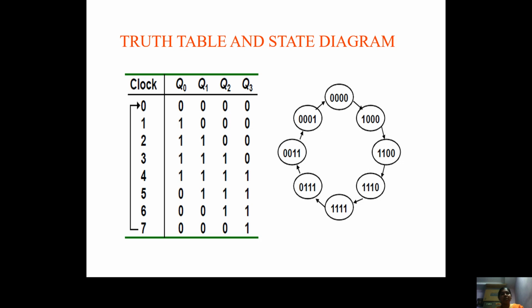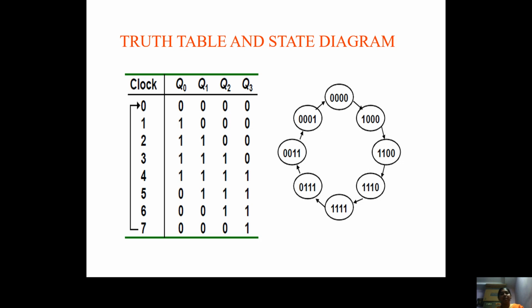During the next clock pulse also, since Q0 is at high logic, Q1 will become 1, whereas since the previous state of Q1 was 0, Q2 will become 0, and Q3 also will become 0. And during the occurrence of the third clock pulse, what will happen now?